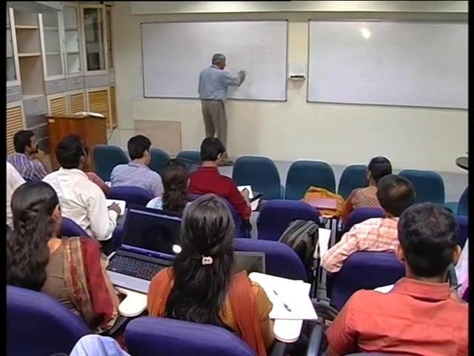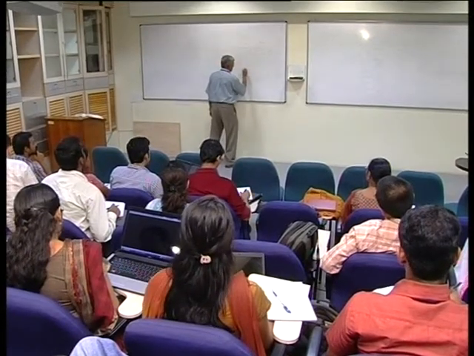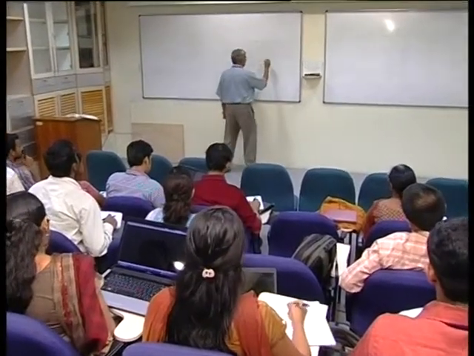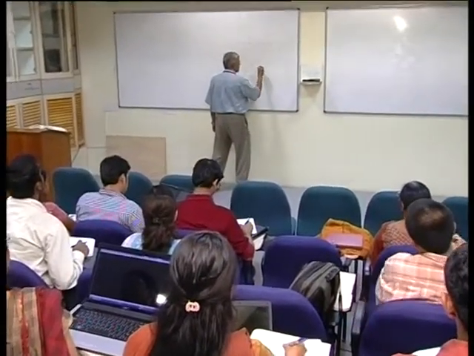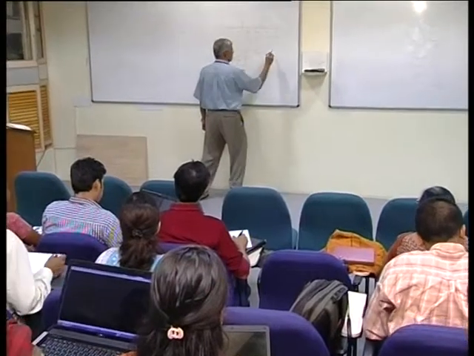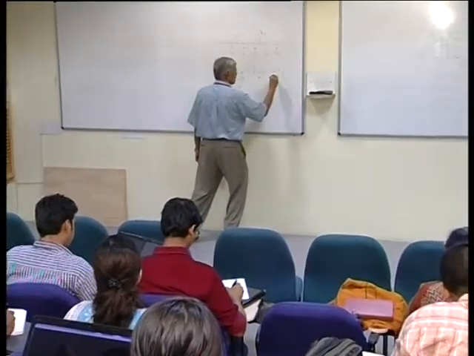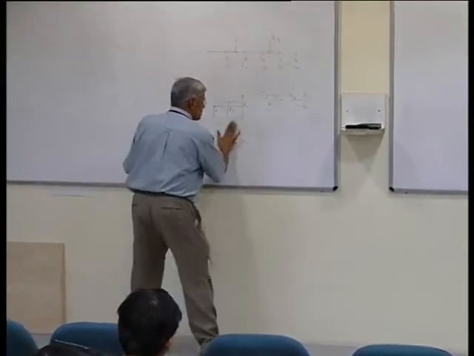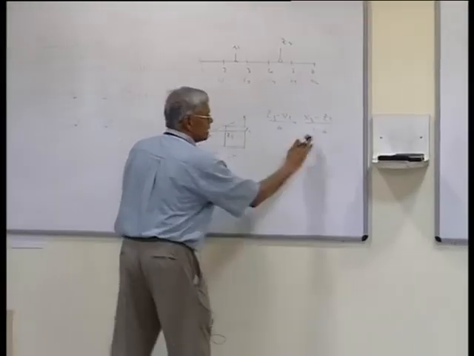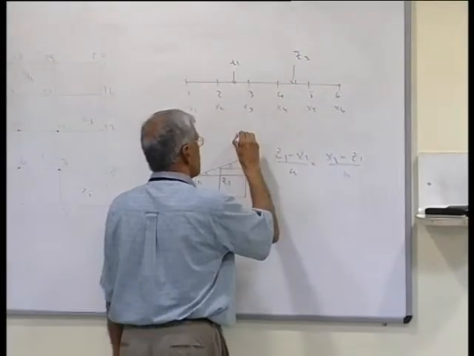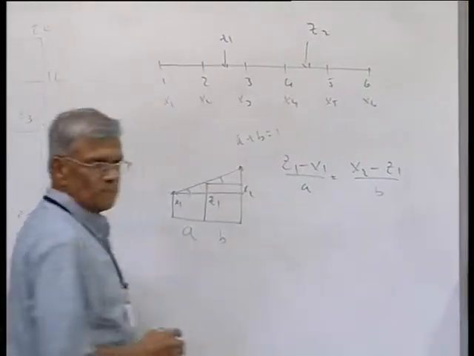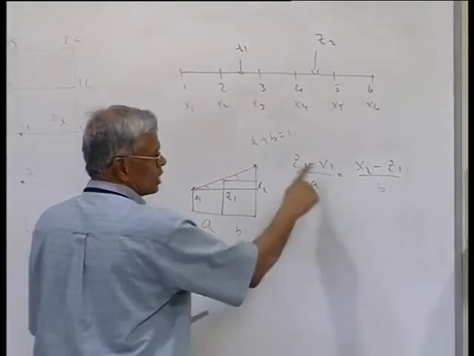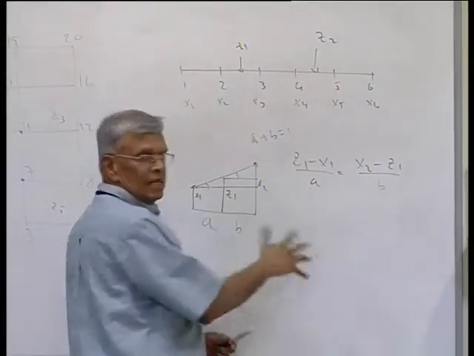Okay, so how do I interpolate this? I would like to make sure the slope is the same. So what does that relation tell you? z1 minus x1 over a must be equal to x2 minus z1 over 1 minus a. Instead of 1 minus a, I'll simply write b. A plus b is 1. I would like to express x1 and x2 in terms of z1 and a.